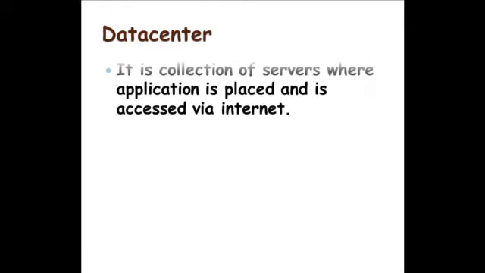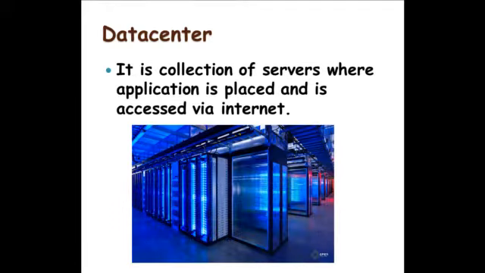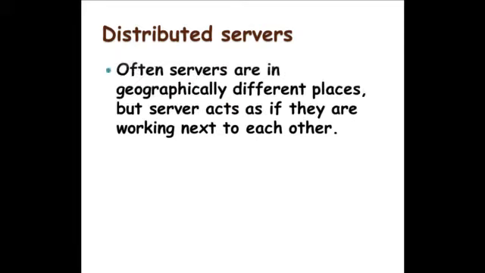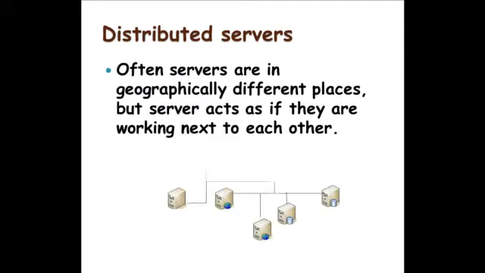A data center is a collection of servers where applications are placed and accessed via the internet. And the last one is the distributed servers. Often servers are in geographically different places, but they act as if they are working next to each other.